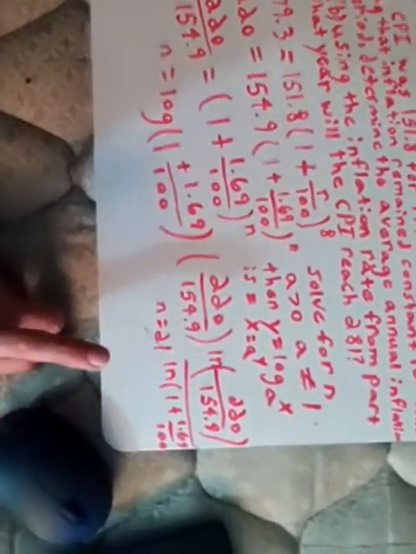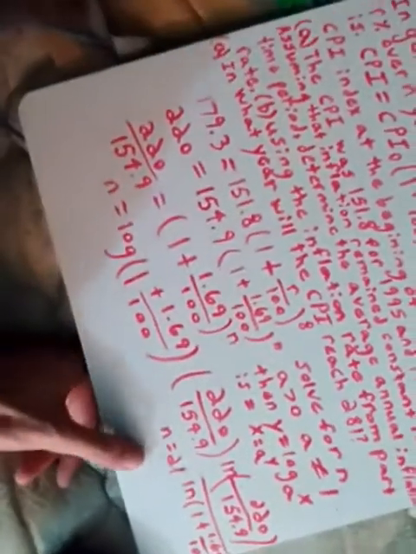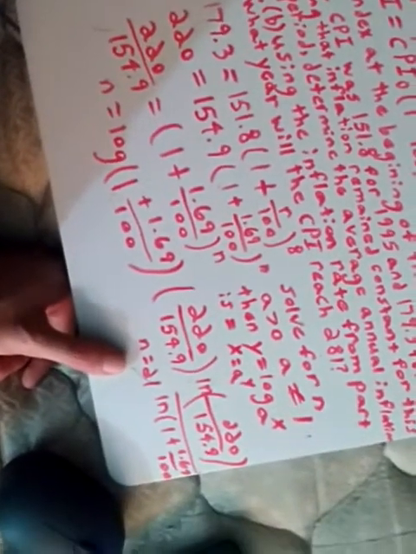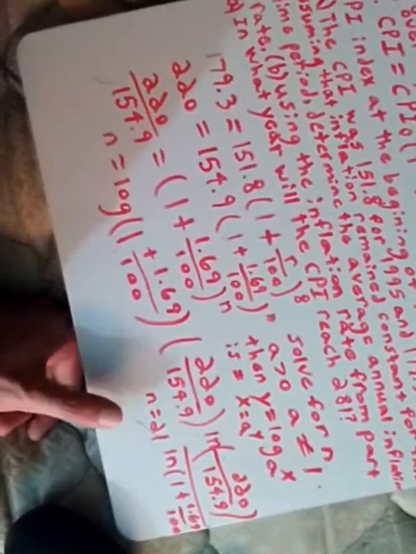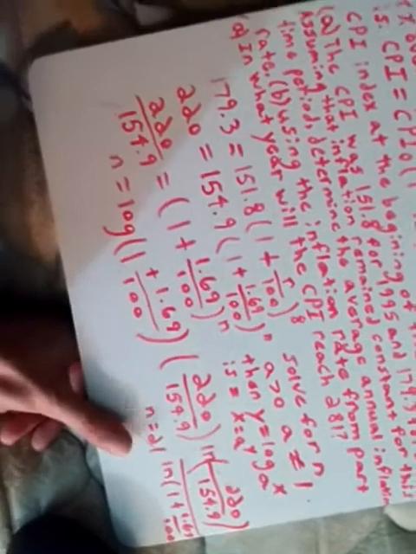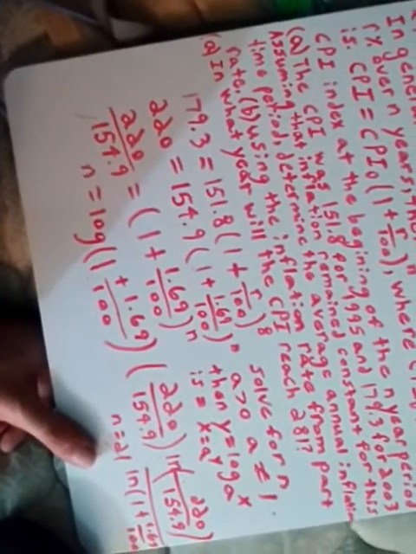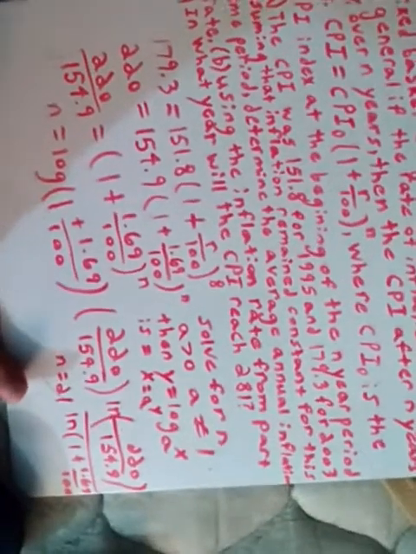I can use either the natural log or the log. That gives me a number on the calculator. In this case, it was about 21 because I'm rounding. So n would be 21, which means 21 years passed, which is what I was trying to figure out.